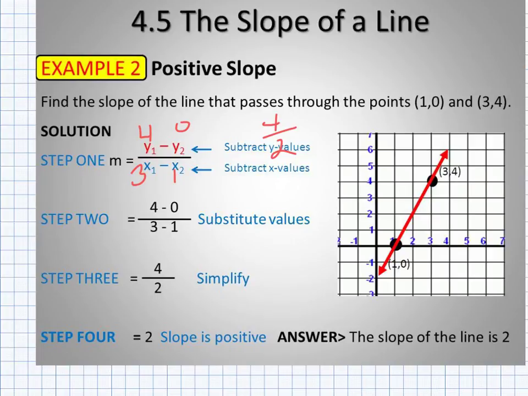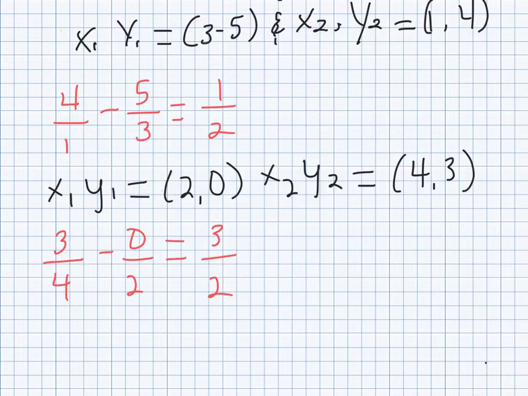And so they wrote the little numbers wrong here. The problem works out the same, but it's just wrong how they marked it. And so the slope is 2, and you can see here that they plotted the 1, 0 here, and the 3, 4 here, and then drew a line, and it's going into this quadrant, so it's a positive slope.